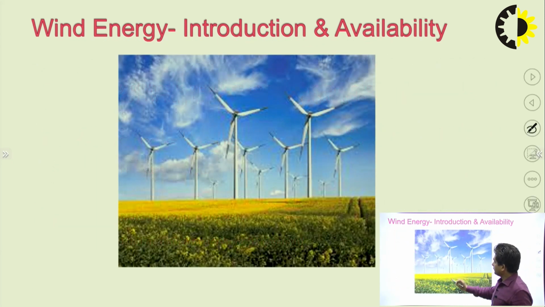You can see here three-blade, two-blade, and four-blade designs; different types of wind structures are available for energy production. They rotate through the wind, and here we use gearboxes for the production of electricity.